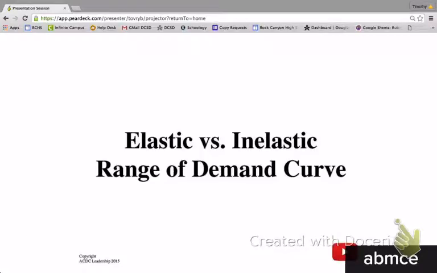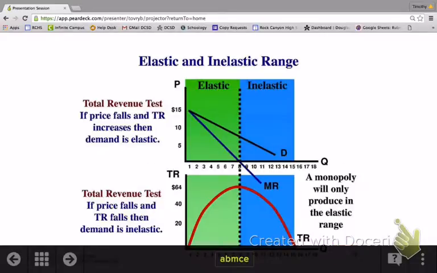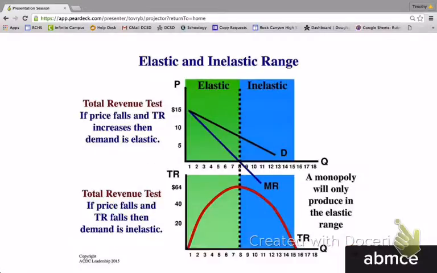So now we look at the elastic versus the inelastic range of the demand curve. In the elastic range of the demand curve, if we look at the total revenue test, notice that if the price falls and total revenue increases, then demand has to be elastic. And you see that is true, because if price falls, total revenue is rising in the elastic portion of the demand curve when you look at the bottom curve.